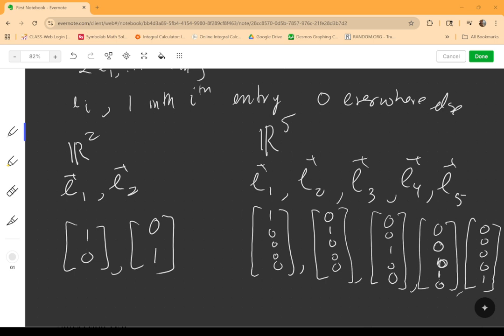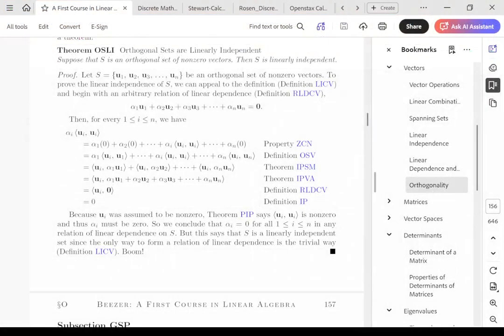Let me switch over here. Okay, so we're looking at theorem OSLI. We said, suppose that S is an orthogonal set of non-zero vectors. Okay, important, non-zero. Then S is linearly independent.